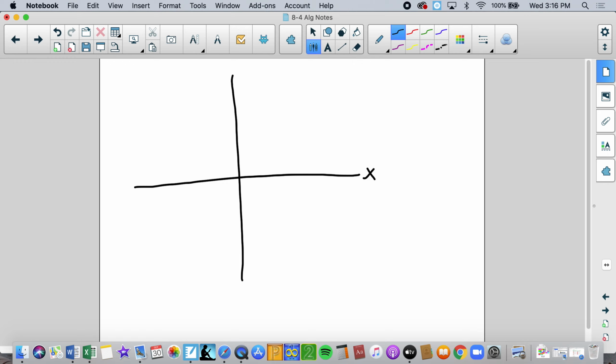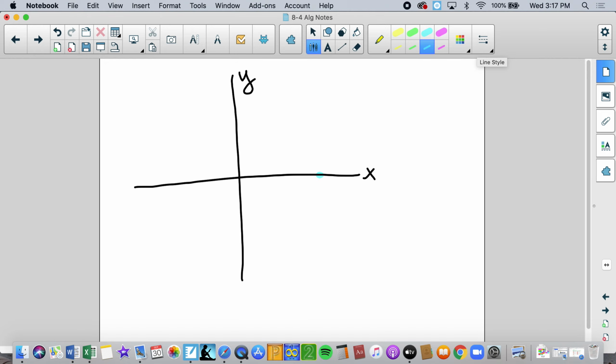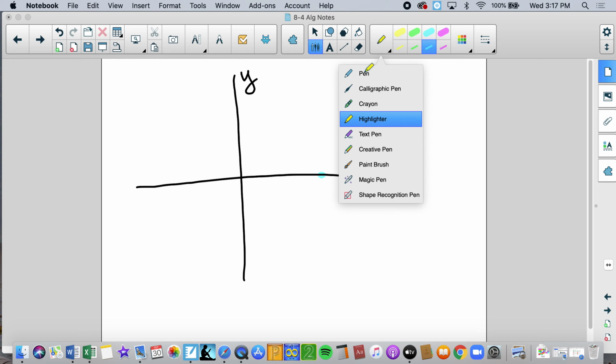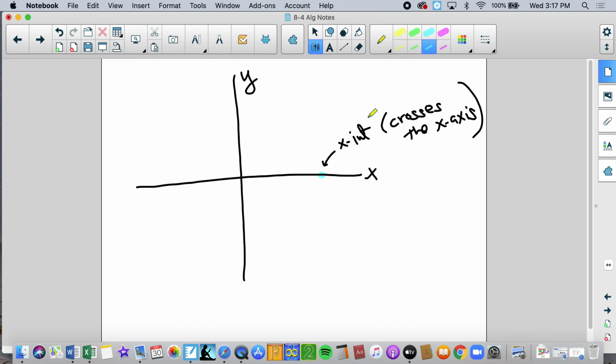So x-axis, y-axis, and an intercept is where it crosses the axis. If we're talking about the x-intercept, it's because it crosses where it intercepts the x-axis. So let's make a line here.